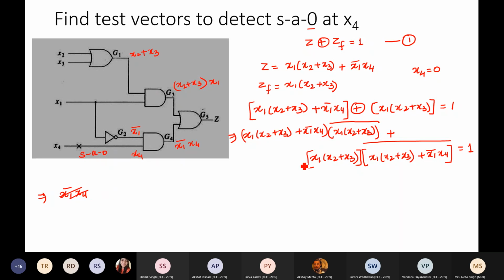From the second term, what do I get? This would be x1 into x2 plus x3 whole thing multiplied by x1 x2 plus x3 ka bar into x1 bar x4. Something wrong we are doing. It is coming out to be 0 entirely.